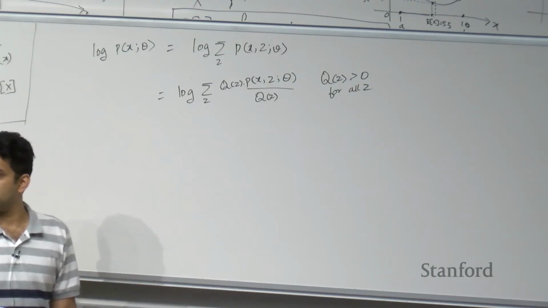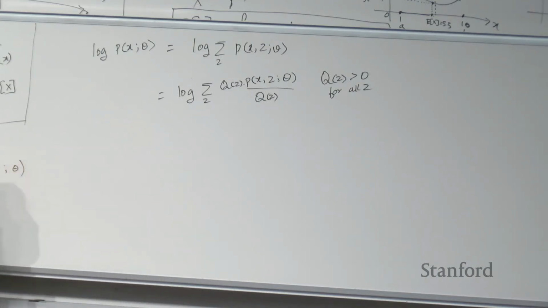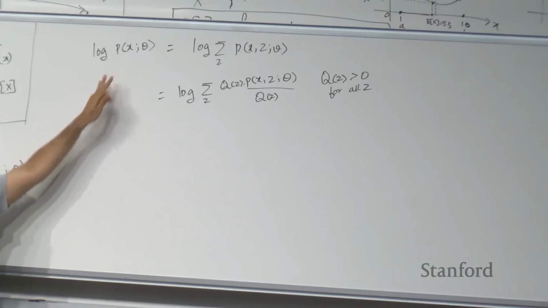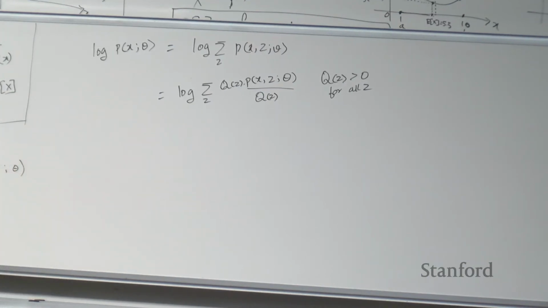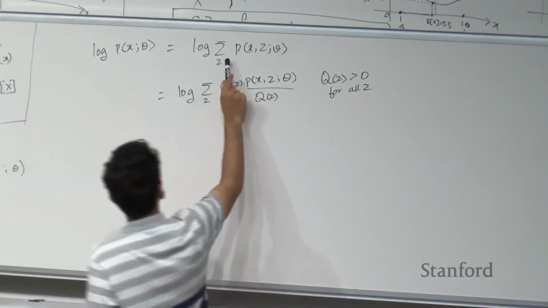Question? You said the first line you wrote, the goal, is a hard problem. What does it mean to be hard? Because you could write p of z, p of x given z for every single example. You can solve it. So the question is why is this a hard problem? It is hard because you're having a summation over here.